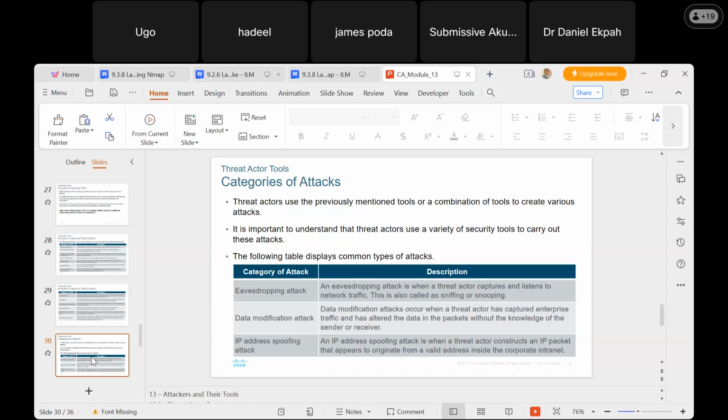Some of the attacks is eavesdropping. This is when a threat actor captures and listens to network traffic. This is called sniffing or snooping. And then other attacks can include the data modification attack. Data modification attacks occur when a threat actor has captured enterprise traffic and has altered the data in the packet without the knowledge of the sender.